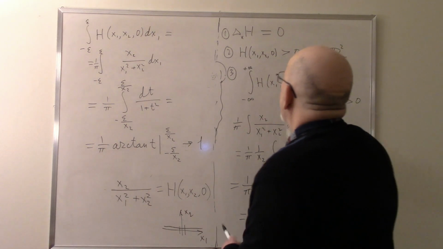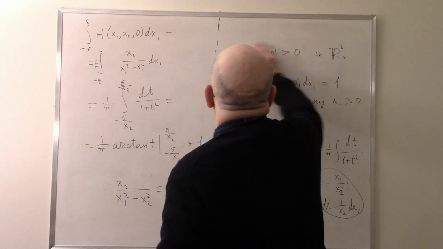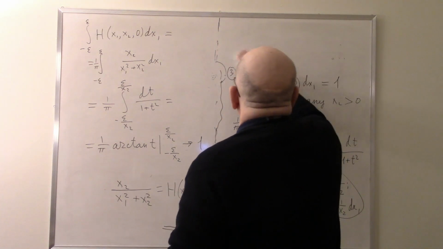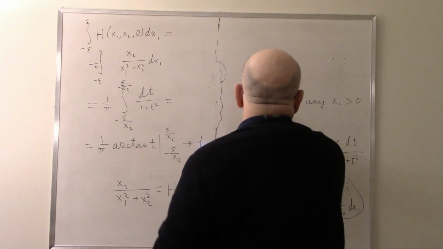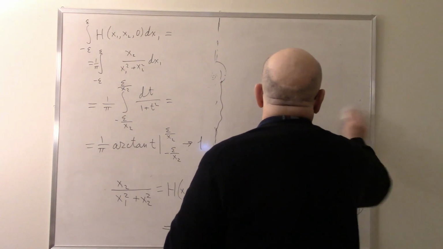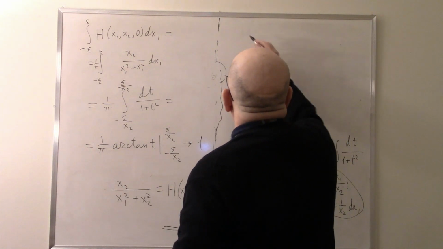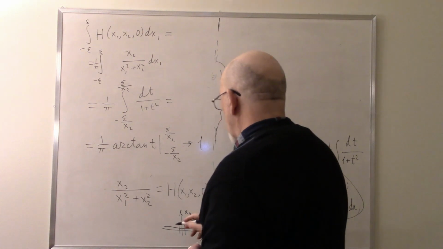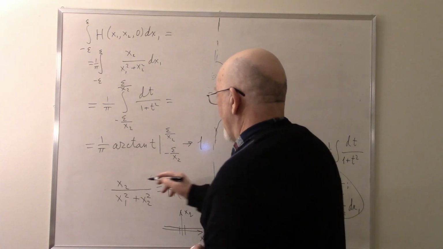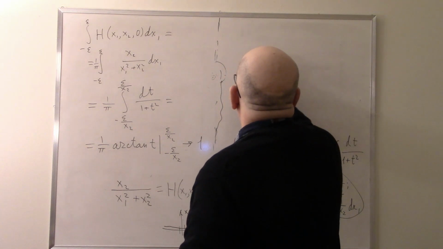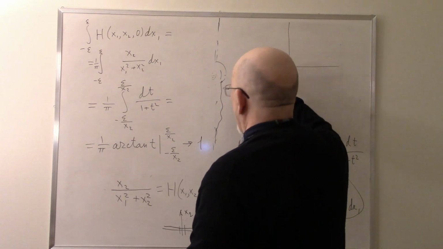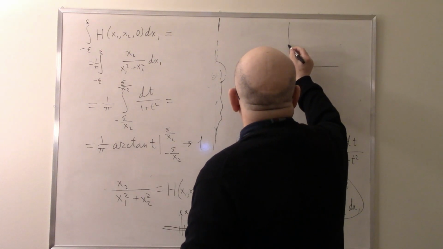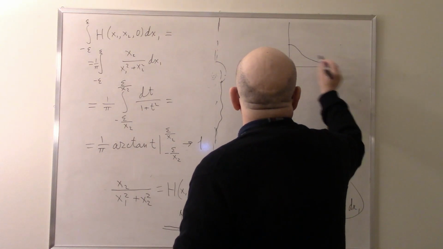So this means that if you consider this function on the line where x2 is constant, say for x2 equal 1, it looks like this.